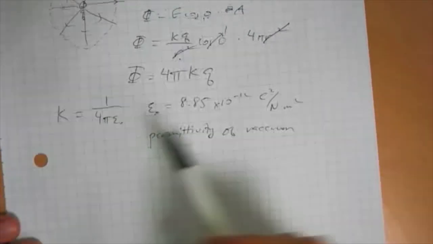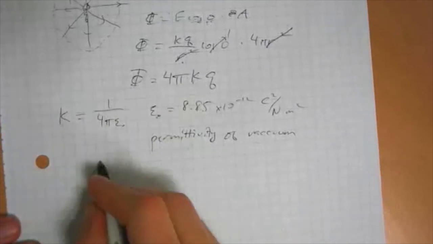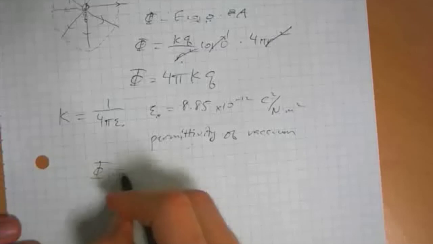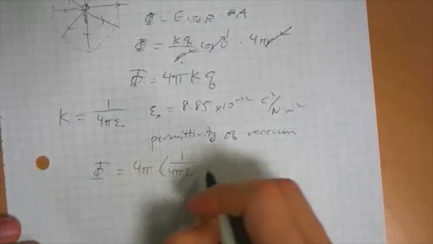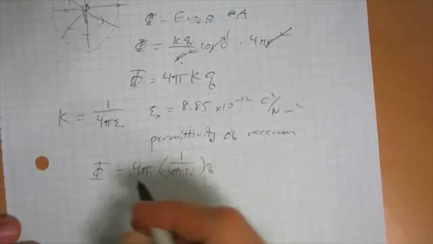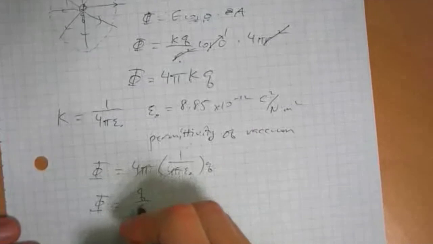But what is noteworthy is that if we plug this in for k, 4 pi, and then k is 1 over 4 pi epsilon naught, our 4 pi's go away, and we just get that the flux is equal to q over epsilon naught.